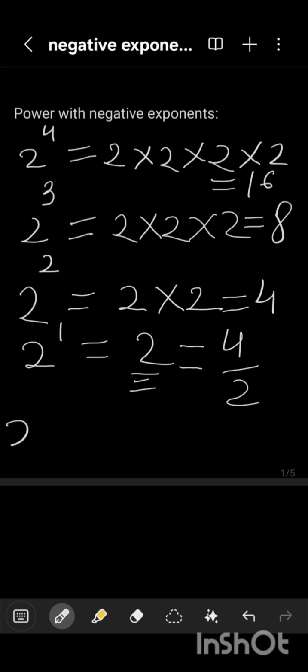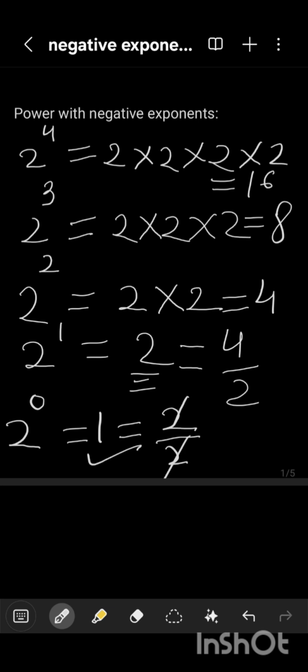Now tell me, when we are having something like this 2 to the power 0 and answer is coming as 1, I have told you in the class that if the power is 0, the answer comes 1.